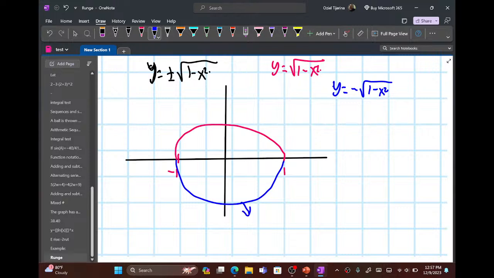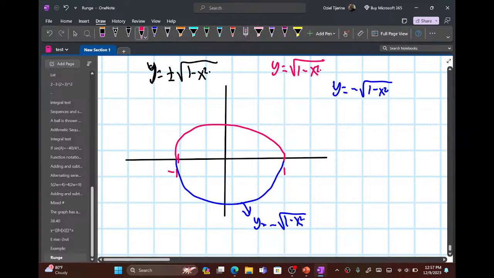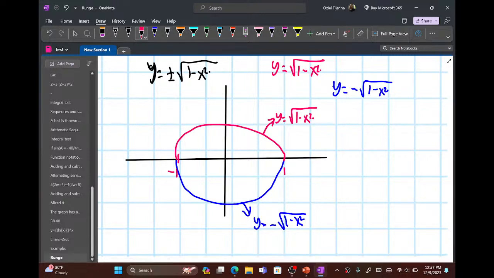There is something called the vertical line test, guys. But since we're doing this in terms of tables, let's say, here's 0. There are 2 points at 0.